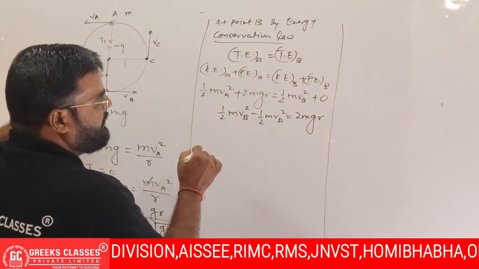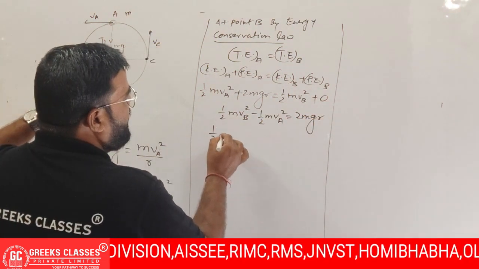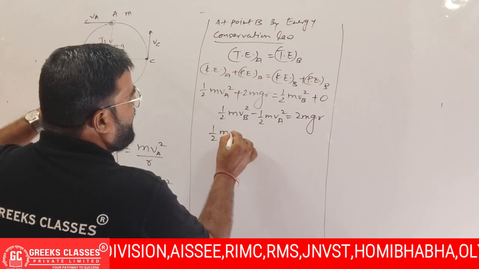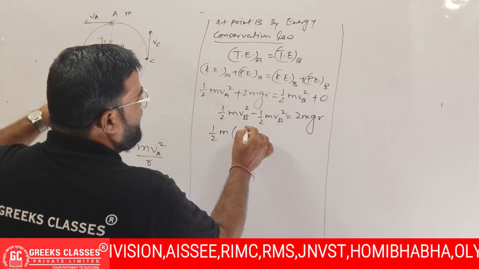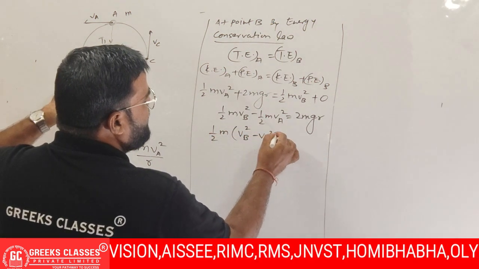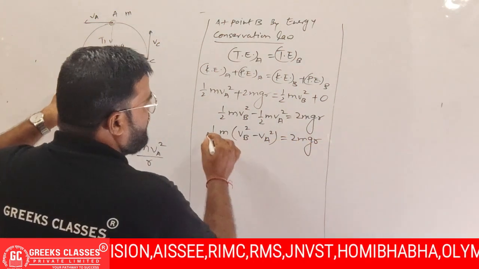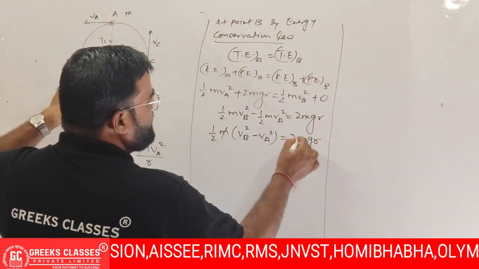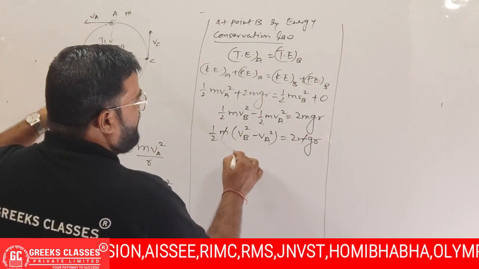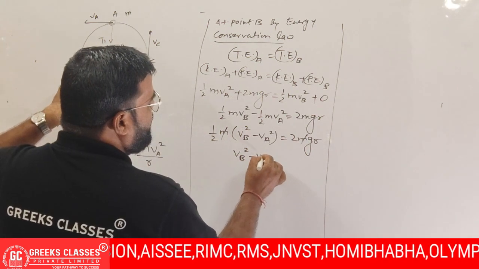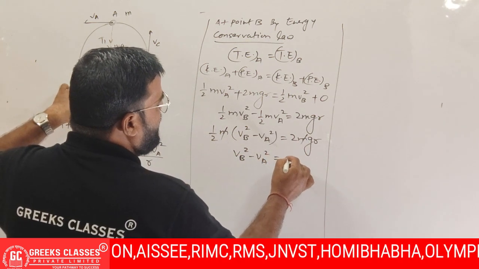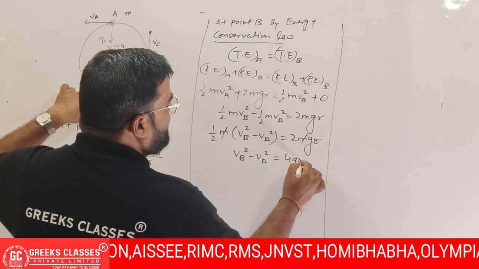Now take 1 by 2 m common, and it will be VB square minus VA square equals 2mgr. Shift this 2 and cancel the m. So VB square minus VA square equal to 4gr.